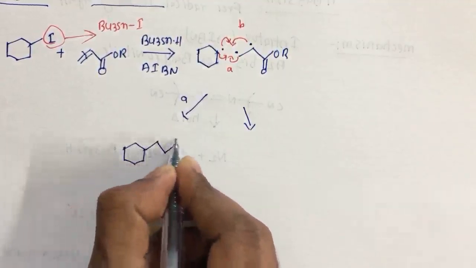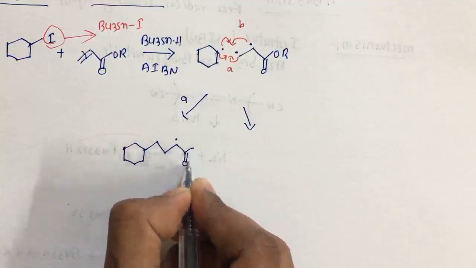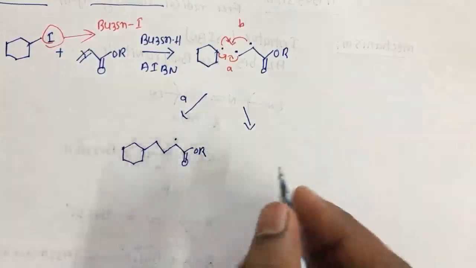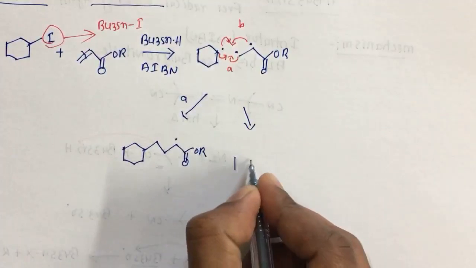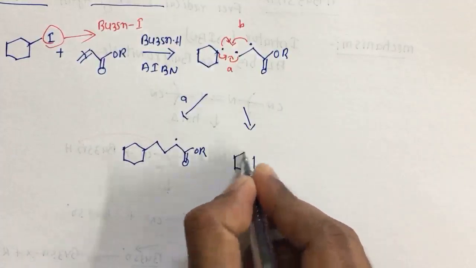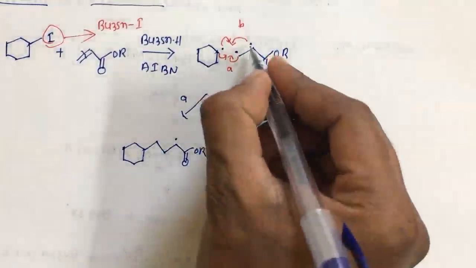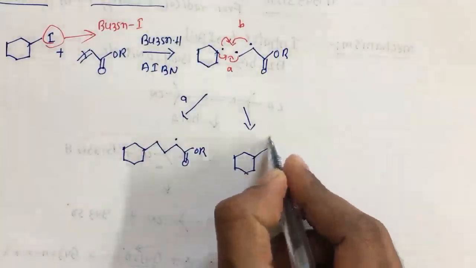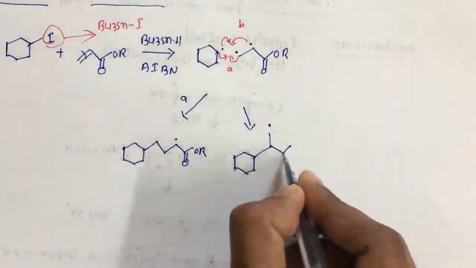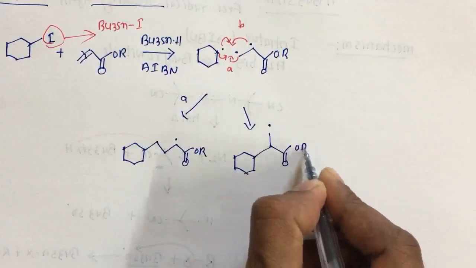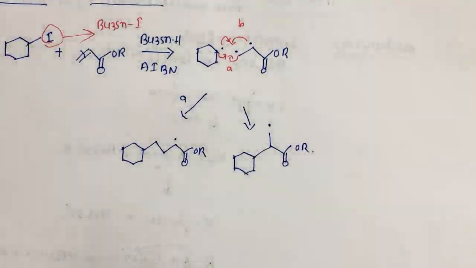In the A path, we'll get CH2 here radical COR. In the B path this is forming a bond, that means here the radical comes COR. Which product is major, we have to identify on the basis of free radical stability.